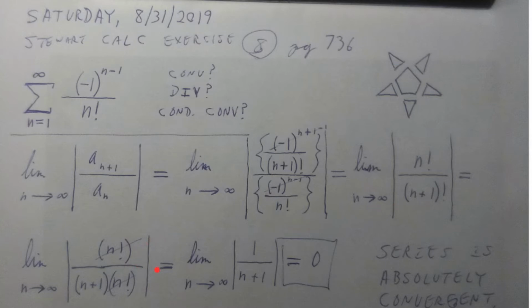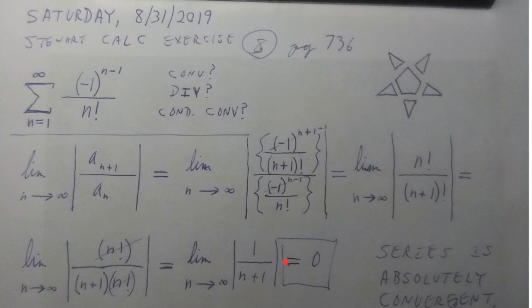And then over here, inside the absolute value, we factor out n factorial. And what we're ultimately left with is the absolute value of the limit of 1 divided by n plus 1 as n approaches infinity.